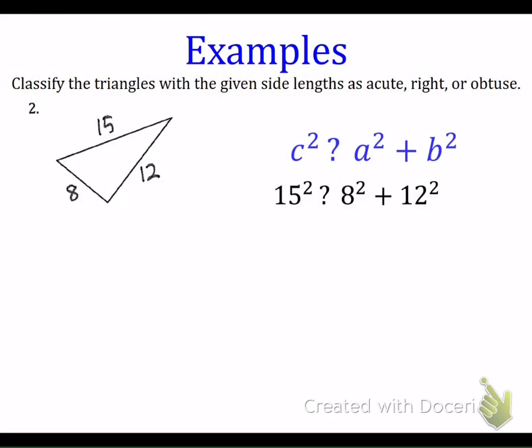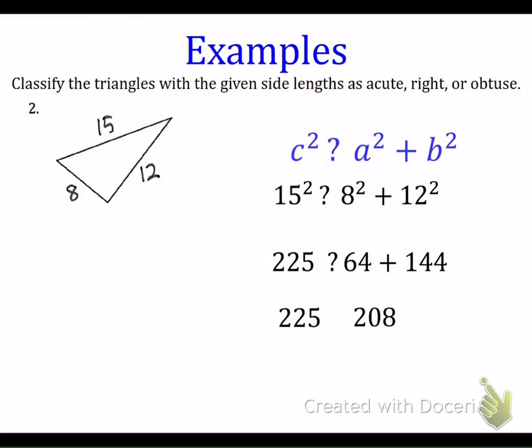What is 15 squared? 225. What is 8 squared? 64. What is 12 squared? 144. All right, what do you get when you add those together? 225 and 208.